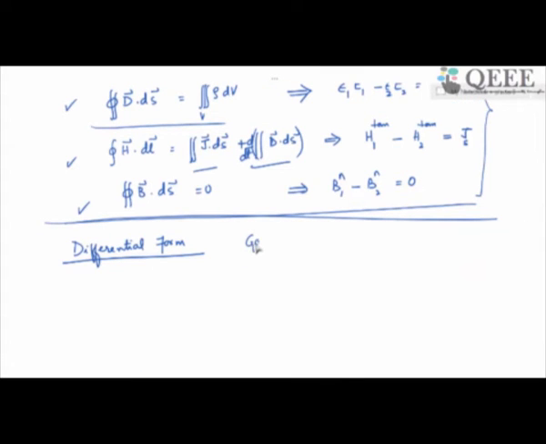So we are going to use Gauss's theorem. It said that if I take the divergence of a vector and integrate it over volume, that is nothing but the closed surface integral of A dot ds.